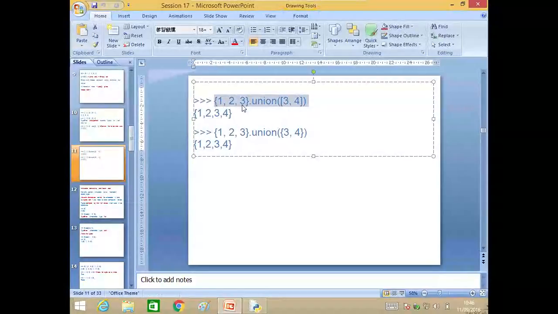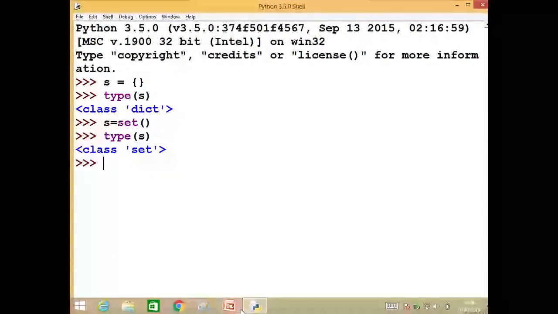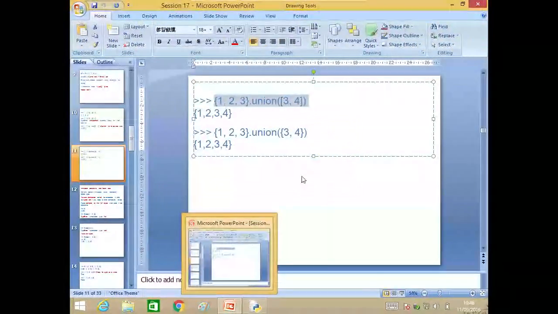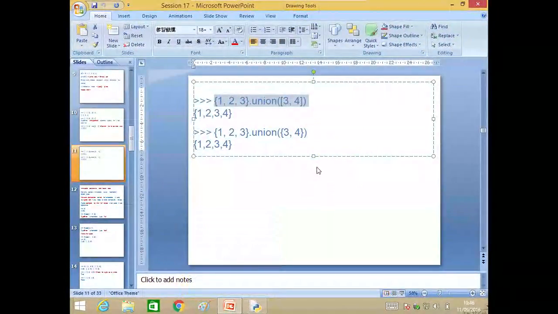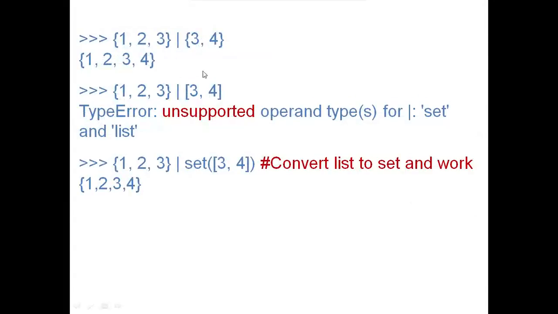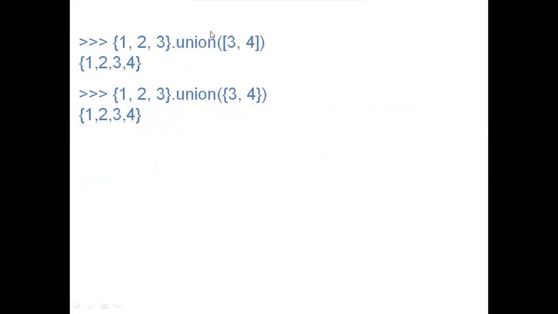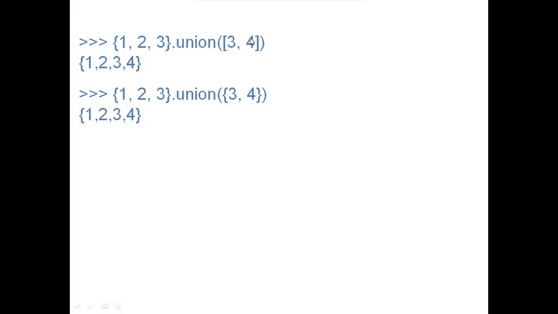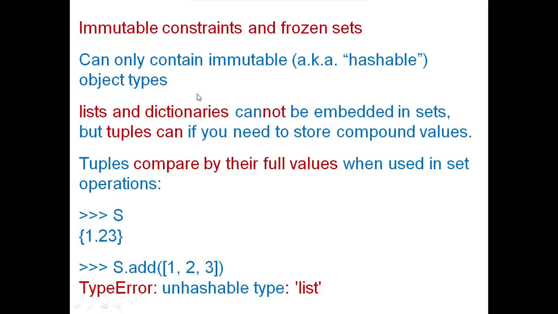We'll just check it. When you use the OR operator, you have to explicitly convert this list to a set, then only it works. Whereas if you use union, it automatically converts this list to a set internally and then takes the union.